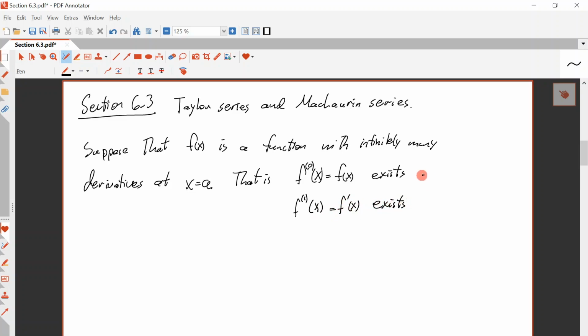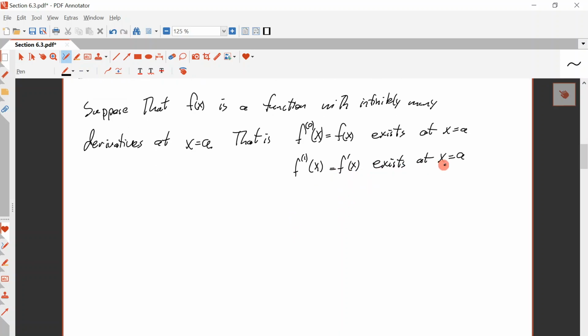So the zeroth derivative of f of x, which is just f of x, exists at x equal to a. The first derivative of f of x, which is f prime of x in the more usual notation, exists at x equal to a.